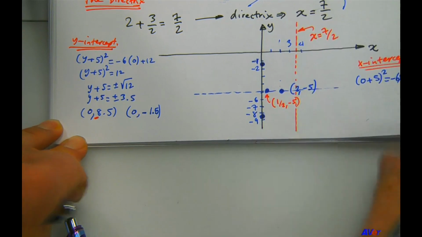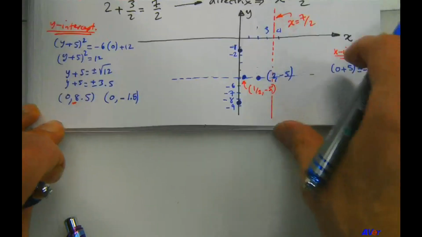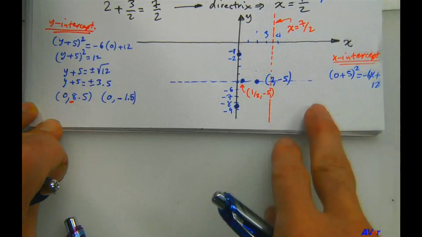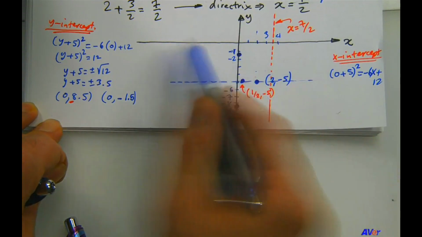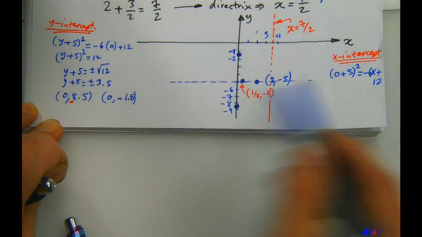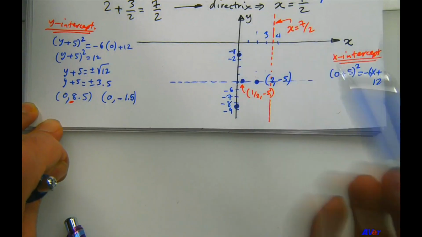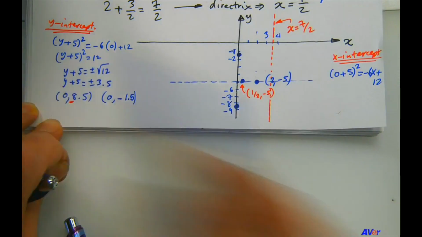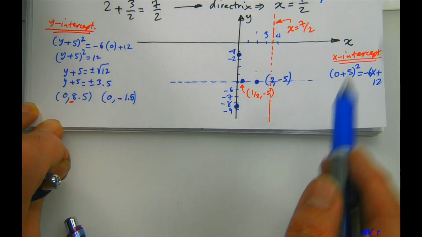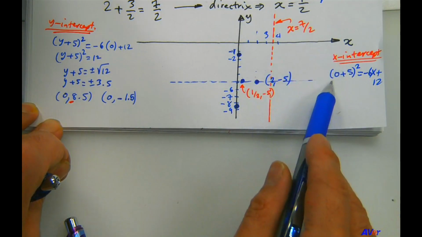That's the original equation. Oops, let me move this into the view like that. So all I'm doing is finding the x-intercept somewhere there for this parabola in order to make my graph as exact as possible.